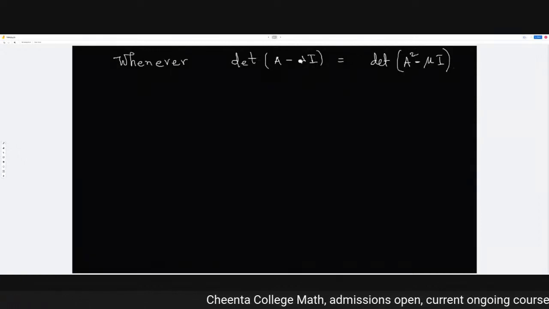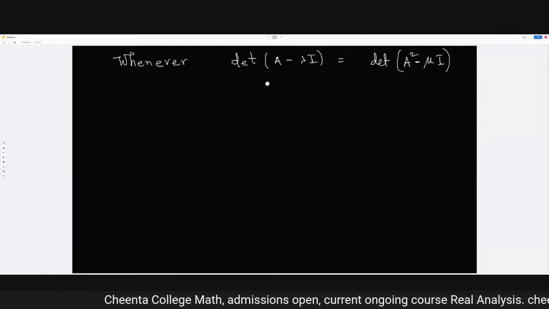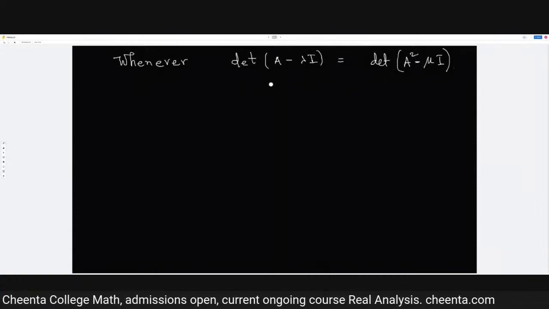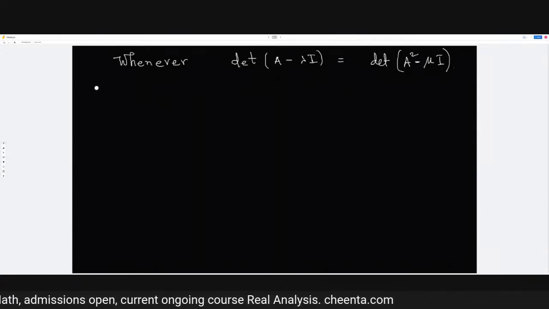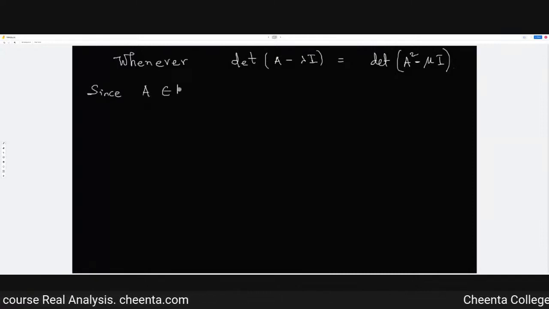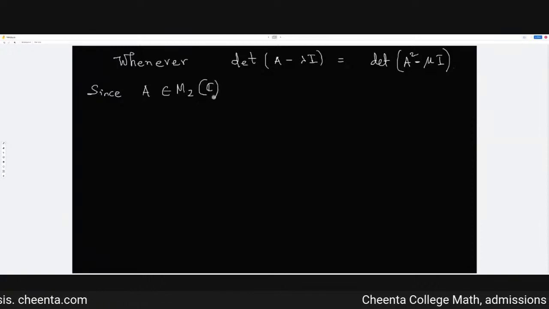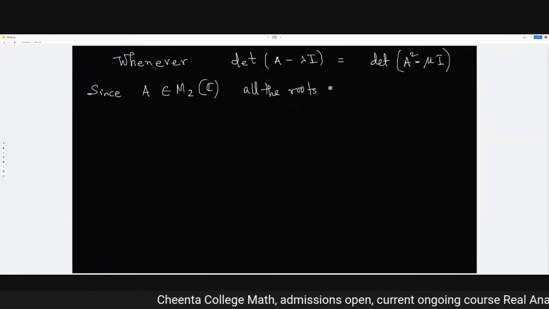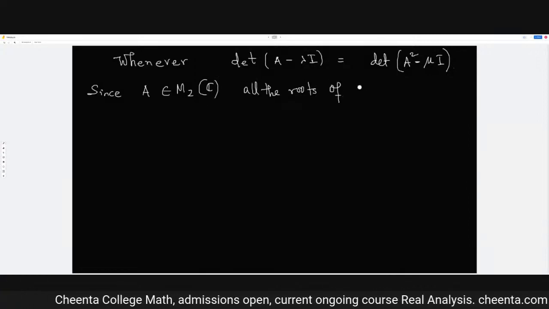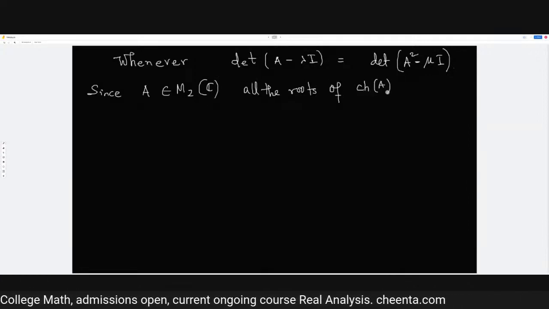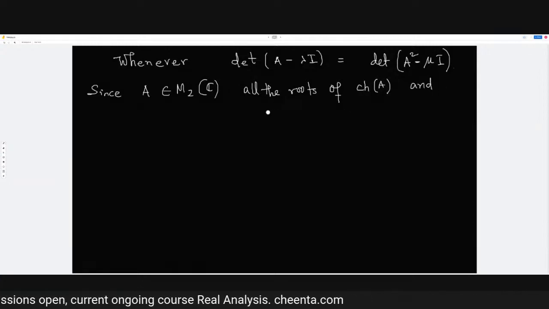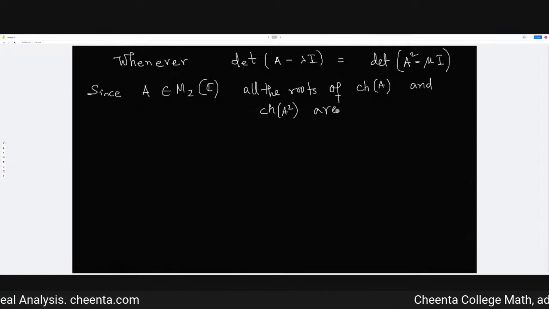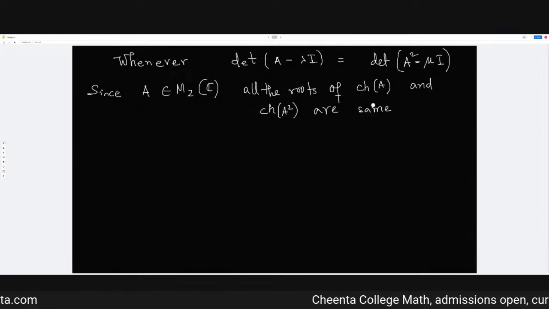All right, so the moment you have this, it implies that since A belongs to M2C, all the roots of the characteristic polynomial of A and the characteristic polynomial of A square are the same, right?